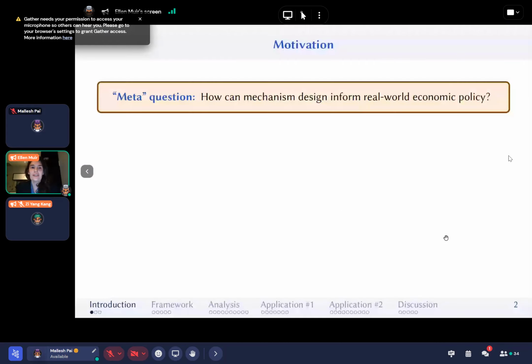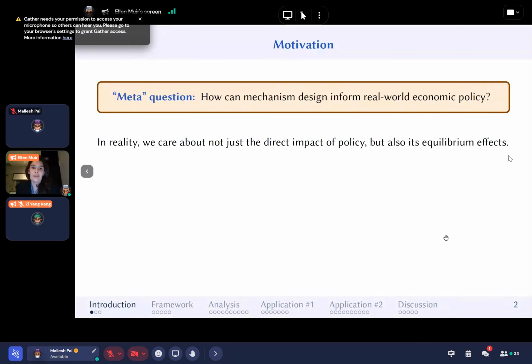So the background question that we have in mind in this research agenda is really, how can mechanism design inform real-world economic policy? Specifically, in many cases, the entire economy or the entire set of markets that a policy has impact on is not under the direct control of a policymaker or a designer.